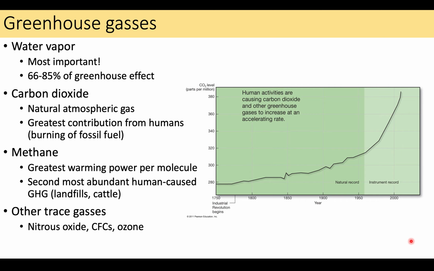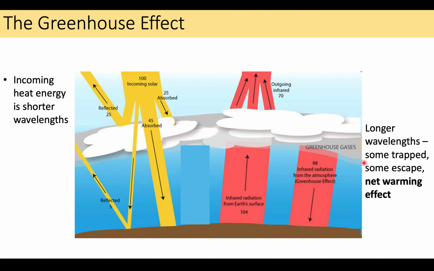There are other gases that are greenhouse gases, but these three are the main three: water vapor, carbon dioxide, and methane. And as the concentrations of these gases in our atmosphere increase, the strength of our greenhouse effect trapping the heat that's trying to escape is going to go up.